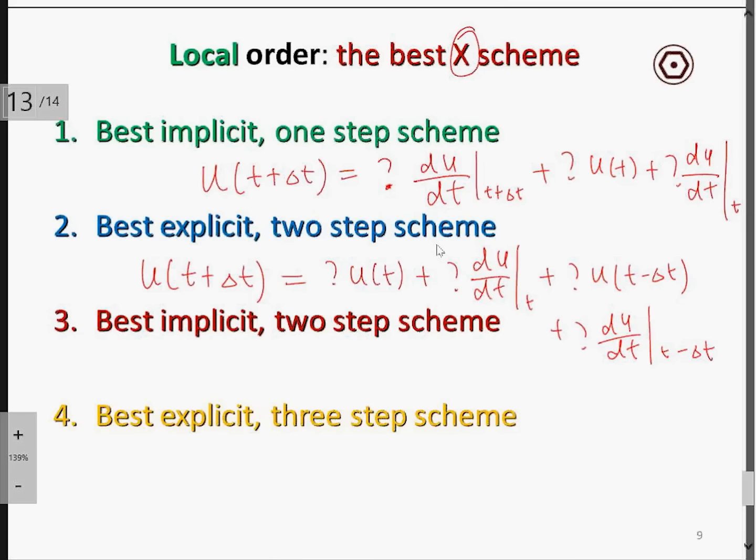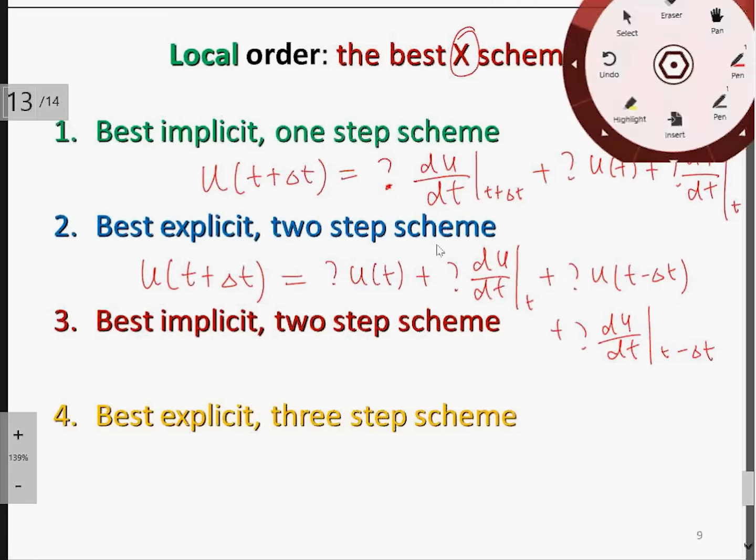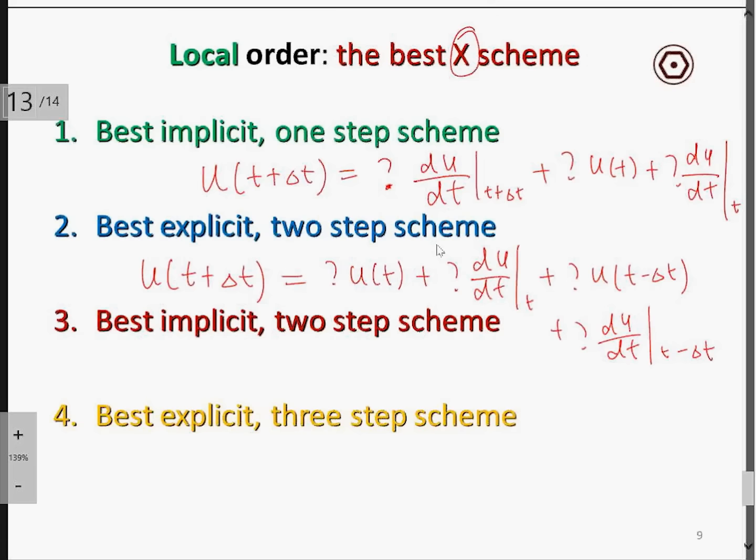What is the difference between an explicit two-step scheme and an implicit two-step scheme? Yes, the answer is you can use du dt at t plus delta t. So I'm going to circle the term that makes a scheme implicit.